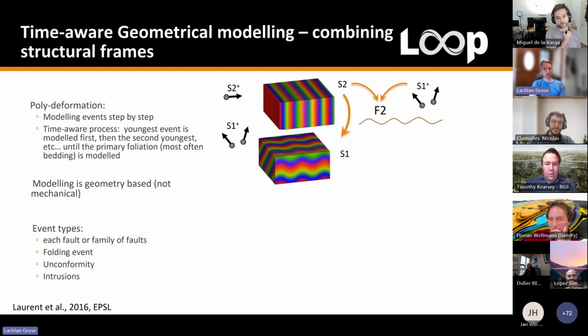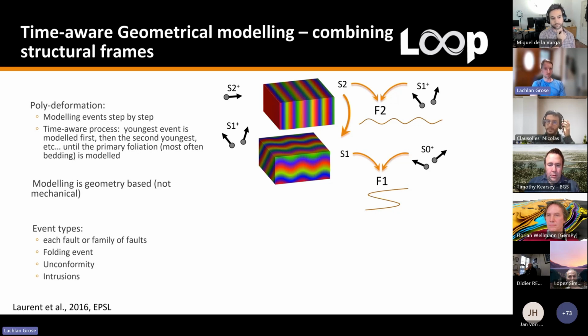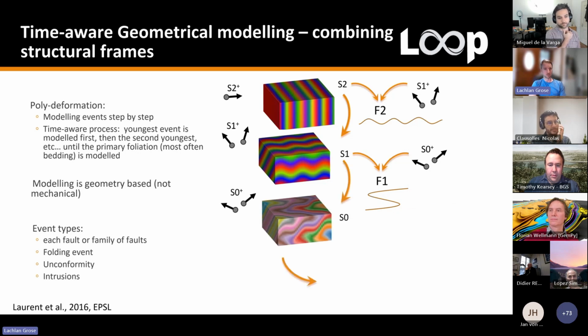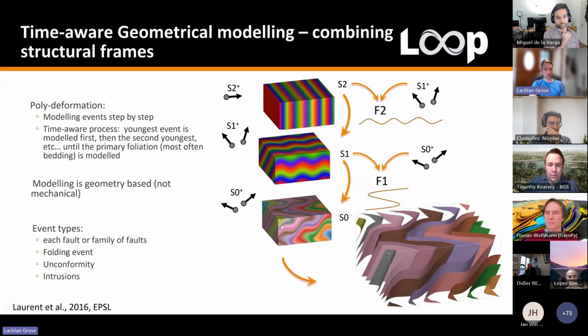We then interpolate our S1 field, and we can do the same thing with our bedding measurements, characterize the geometry of our F1 fold. In this case, we've got a recumbent fold that's been refolded by the lower amplitude, shorter wavelength F2 folds, and you can see the refolded fold that we get at the end.